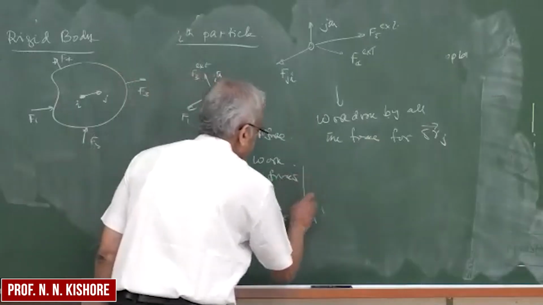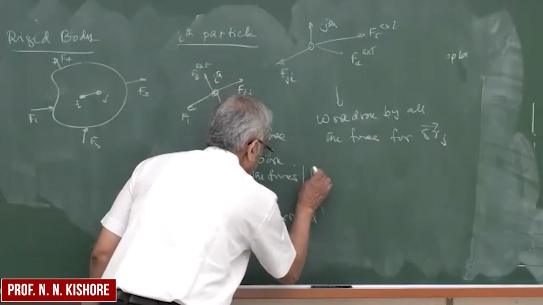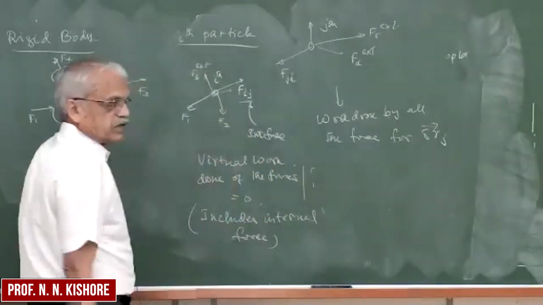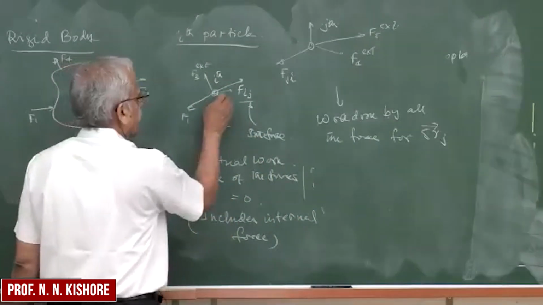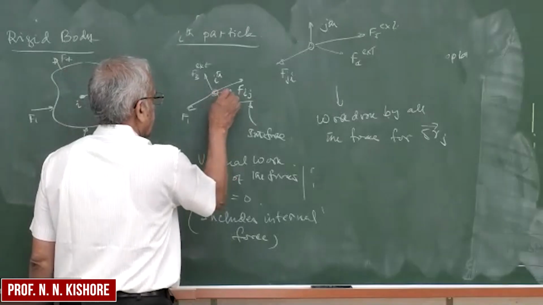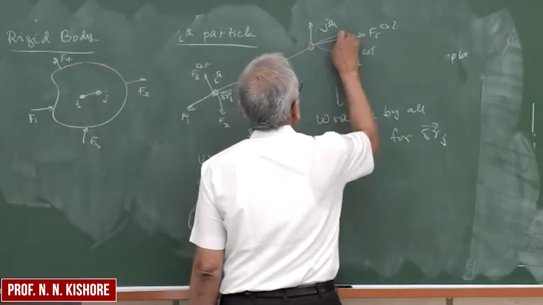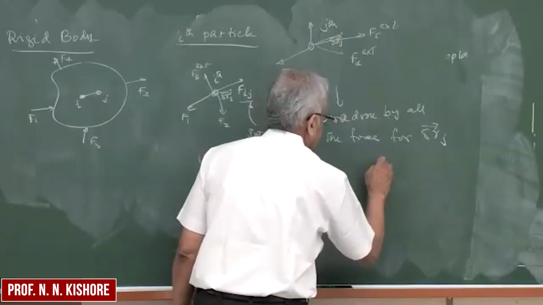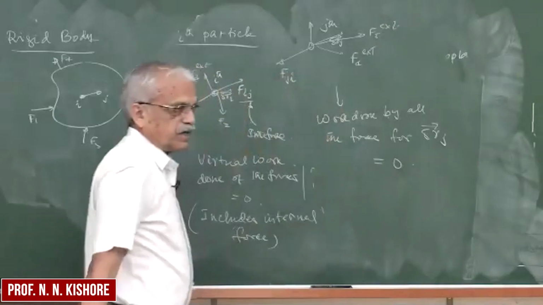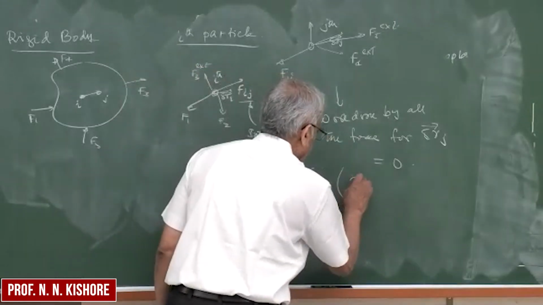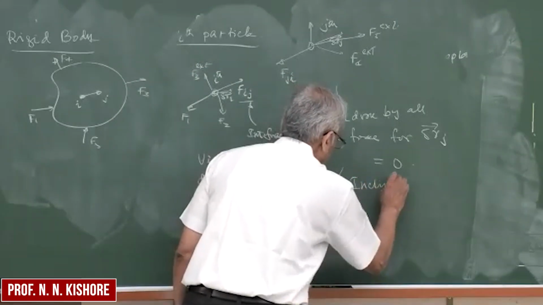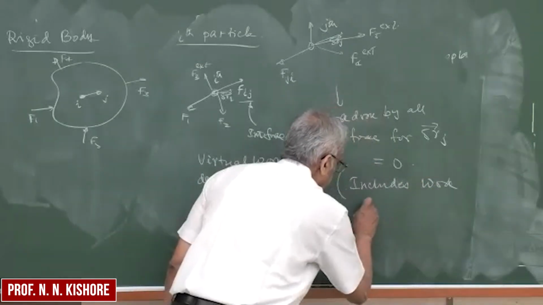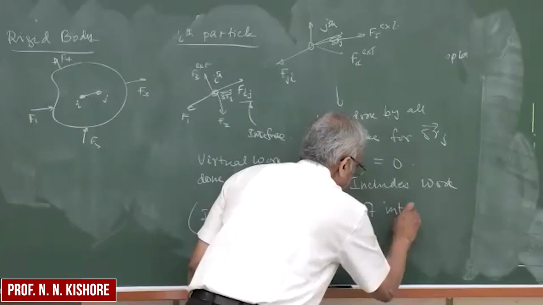So work done is associated with delta Rj, which is again 0 here, but this again includes the work of the internal force Fji.